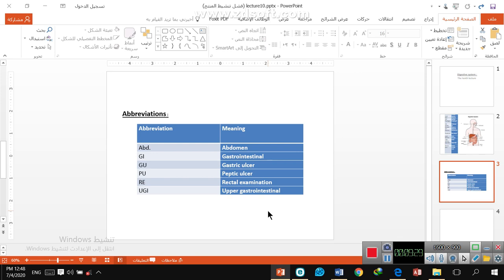Also, you have in your handout or in your book more exercises after each system. Try to answer the questions for the digestive system to understand more. Sometimes they give you terms in Latin and you give them in English. Sometimes they give you English to write in Latin, and they give you many meanings; you match them with their meaning in Latin or English.